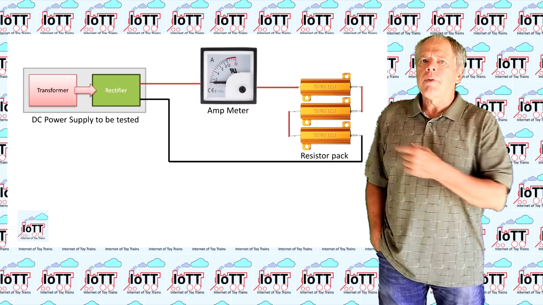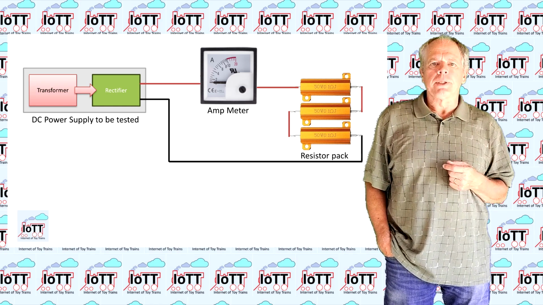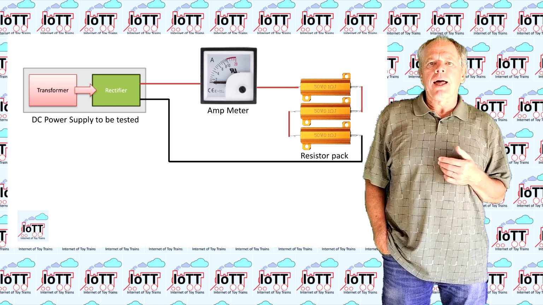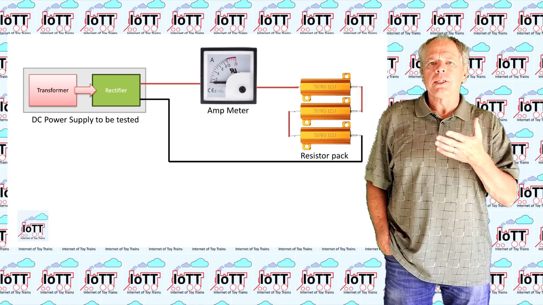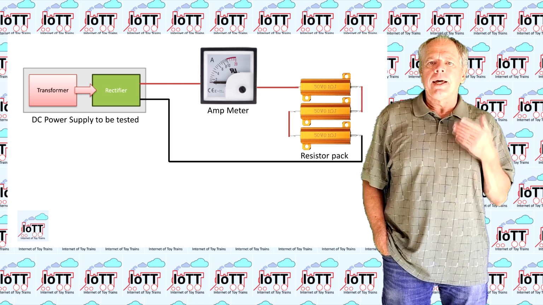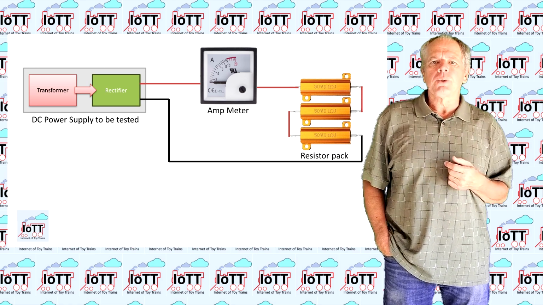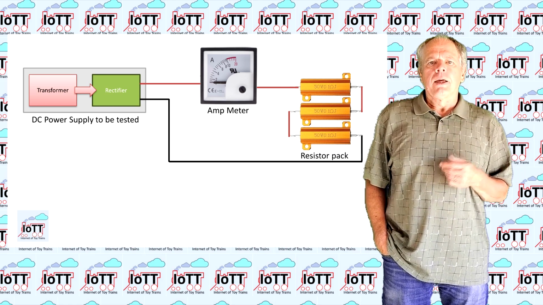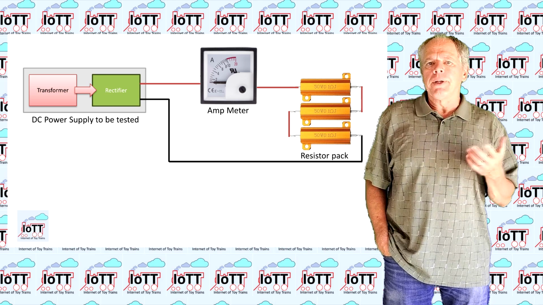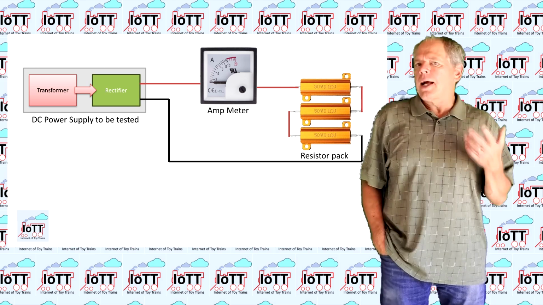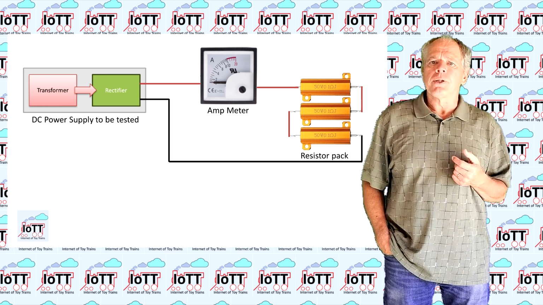Here is the setup I used for doing the measurements. From the power supply output I ran the positive wire through the amp meter and then to the resistor pack and back to the negative output of the power supply. My power resistors are nominally 1 ohm, but in reality they are more like 1.3 ohms.